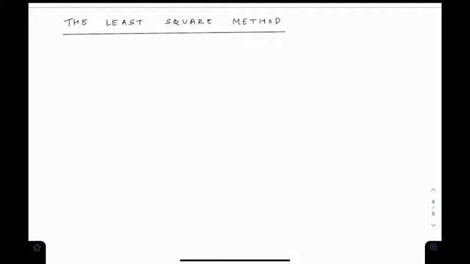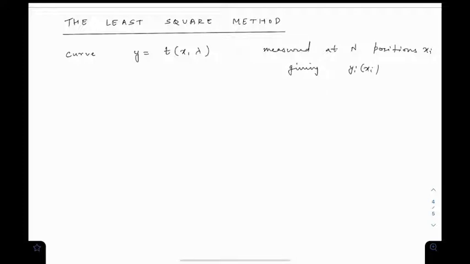The curve, so y equals f of x, has this parameterization. Let's say this is measured at a finite number of positions, giving y i for each of the x i.